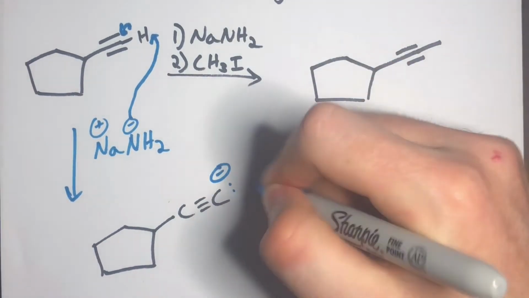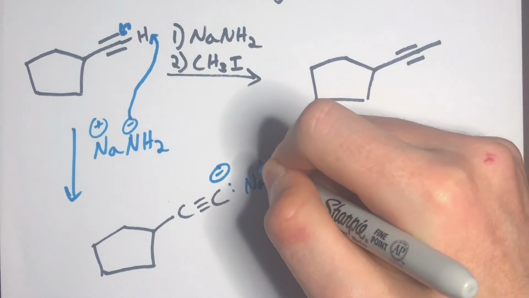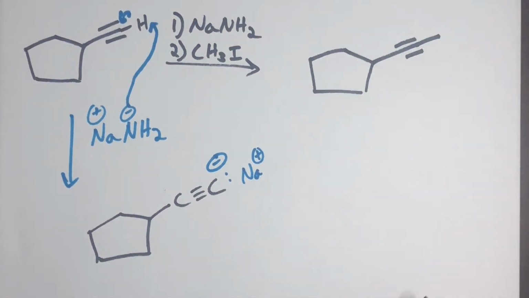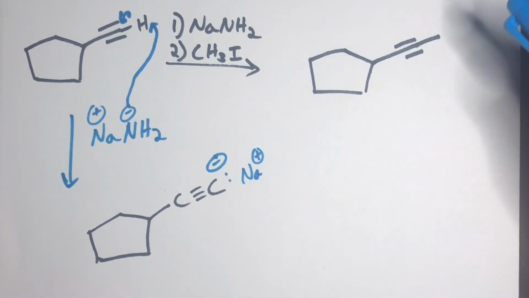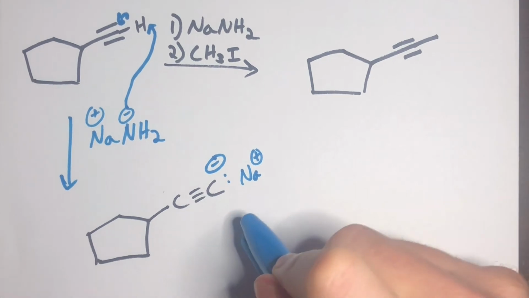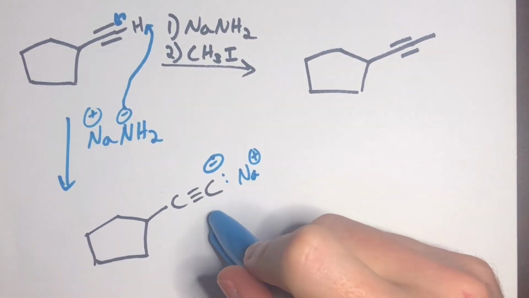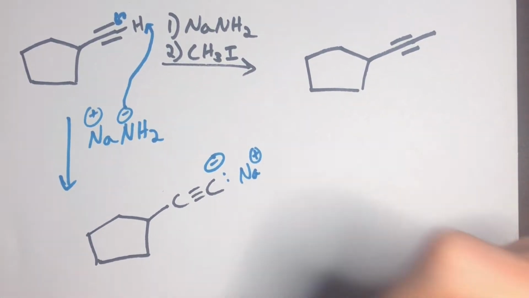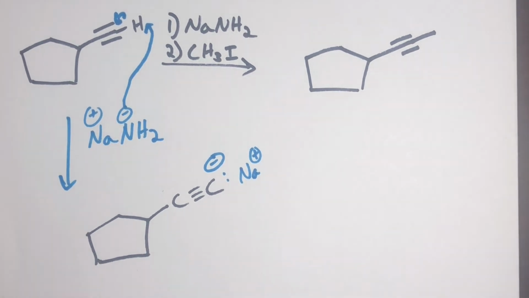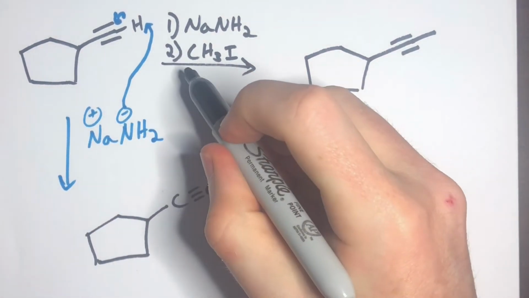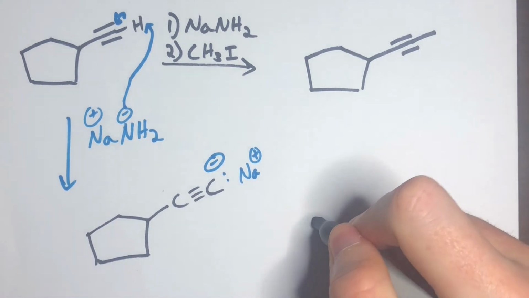That isn't critical here, but sometimes you may need to include that to explain how all of the atoms are conserved and they're still involved in this reaction. So this is now a nucleophile and a base. Since it's a nucleophile, we can react it with a good electrophile, which is exactly what part 2 of this mechanism does.